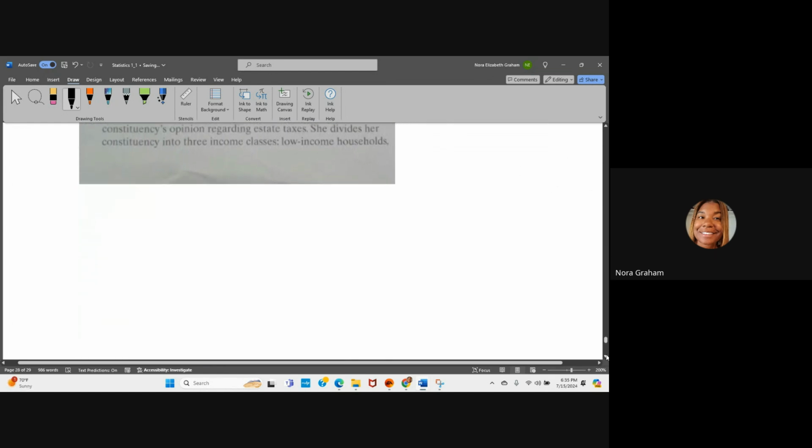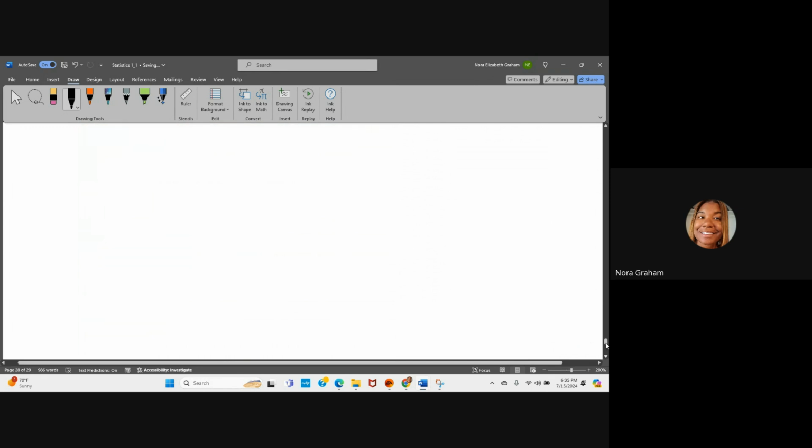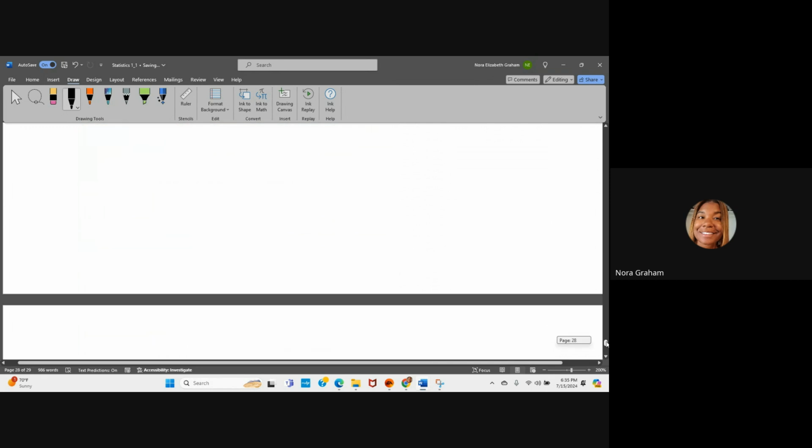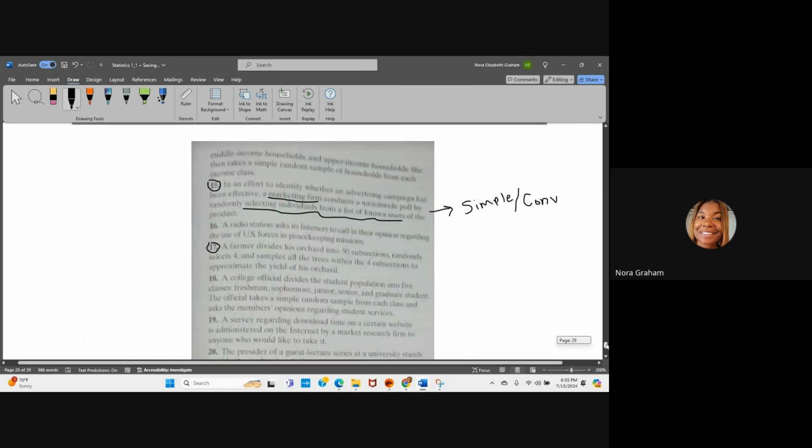All right, let's do one more. 17 says a farmer divides his orchard into 50 subsections. That's important. 50 subsections. So we have some groups going on.